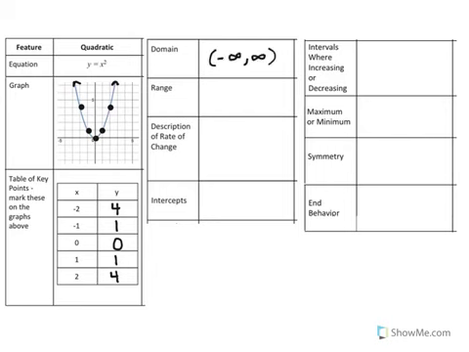The intervals where the graph is increasing. When we're talking about intervals of increase and decrease, the words tell us that our graph is going up or down. So you want to look at your x values only. For my x values on my graph, I am increasing where my x values are positive.